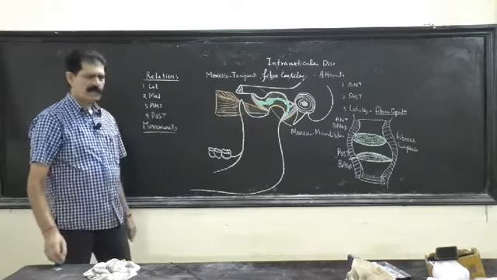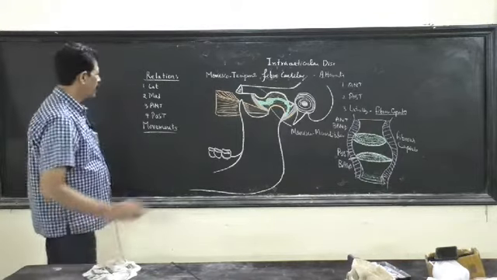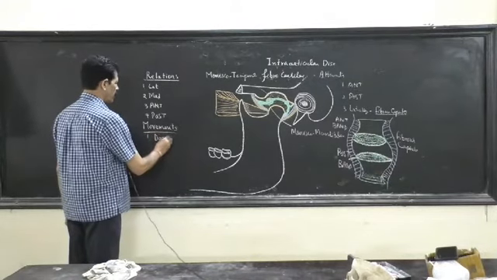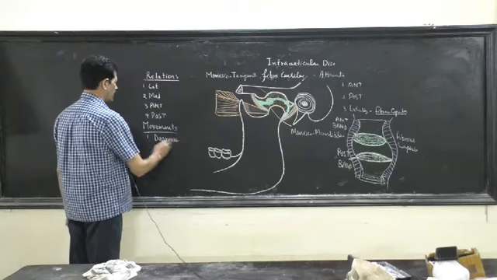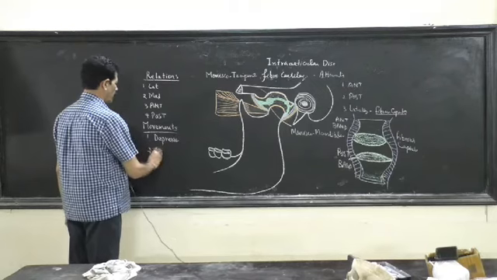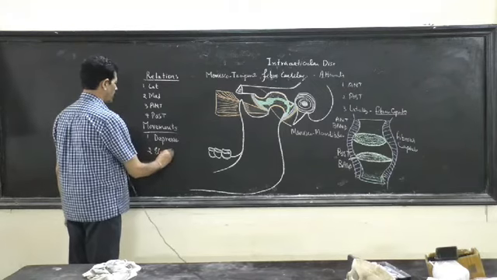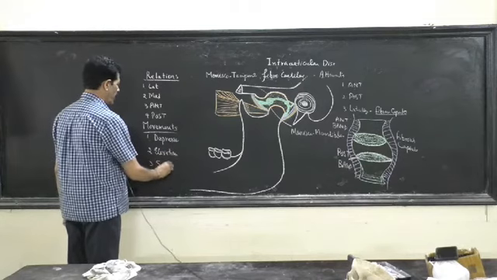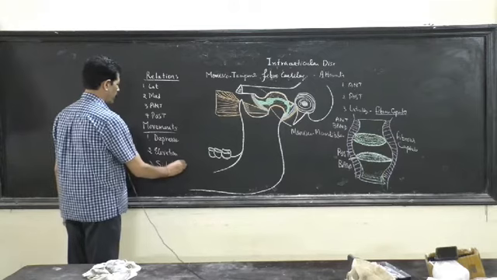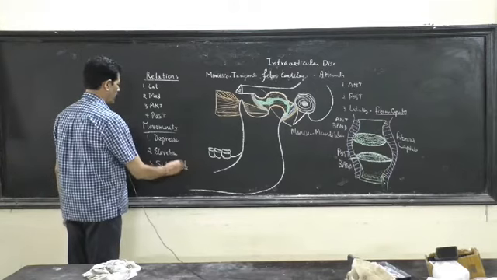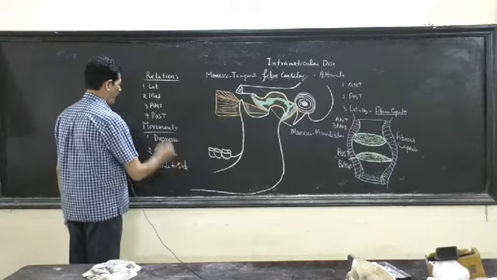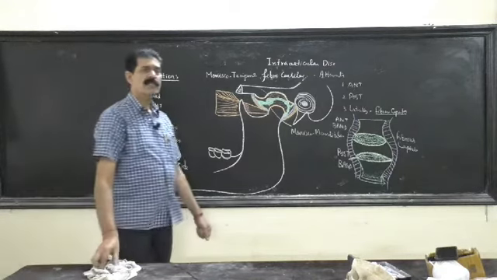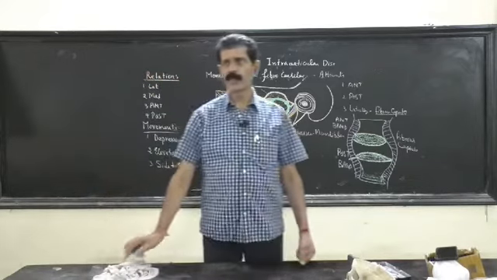So movements of the TM joint are, number one, depression, elevation, side to side movement, and you have to write down the muscles producing all these movements.